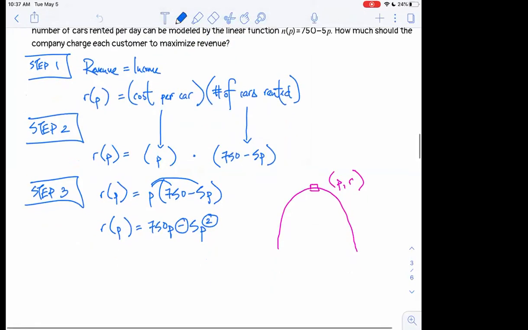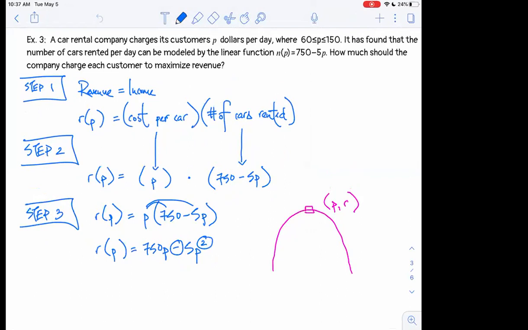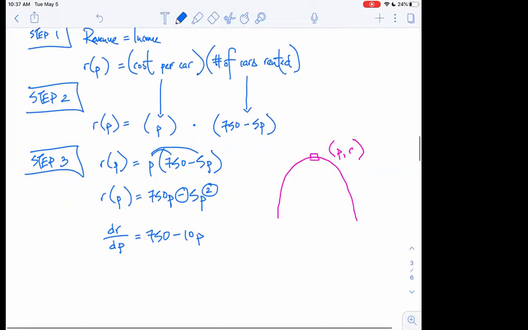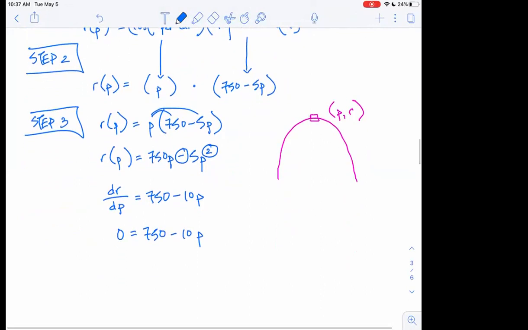Okay, so let's go ahead and find our derivative. So dR/dP is going to be 750 minus 10P. And I'm going to set this equal to 0 because I know, and you know, that at a maximum, the slope or the derivative is going to be 0.